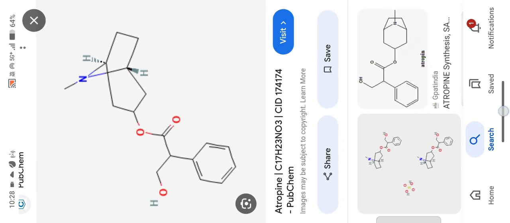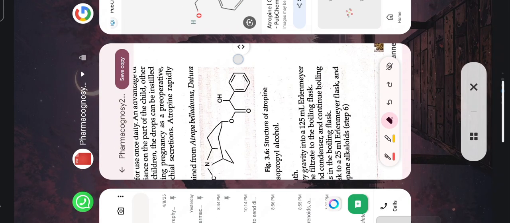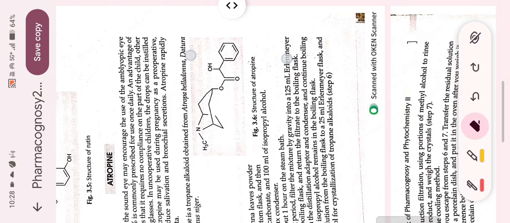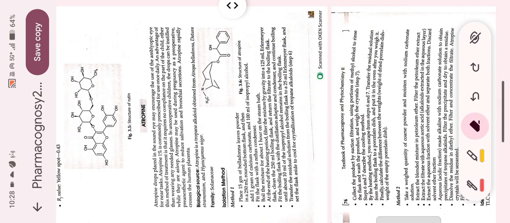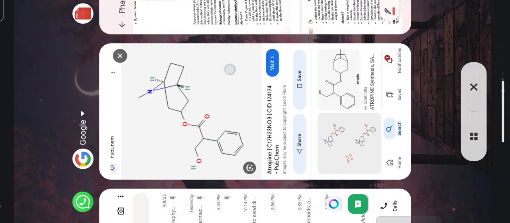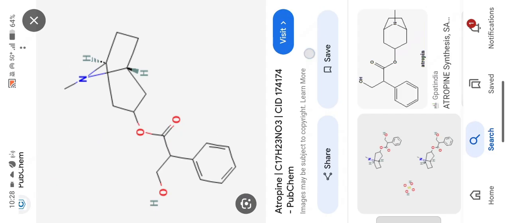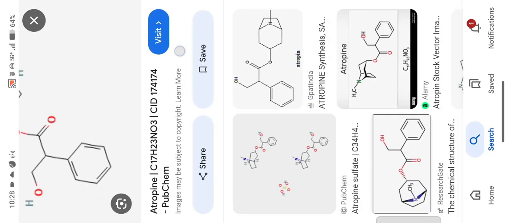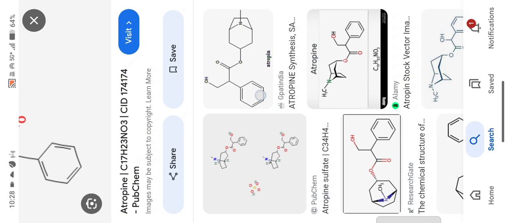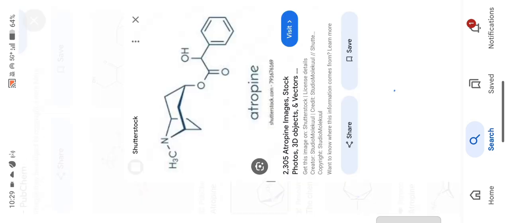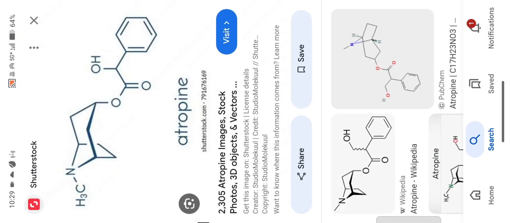See, they are showing. Then the textbook is wrong then. Yes, the textbook is wrong in the structure. They are missing one CH2 group. A propane everywhere. Oh my god. Like, see here.